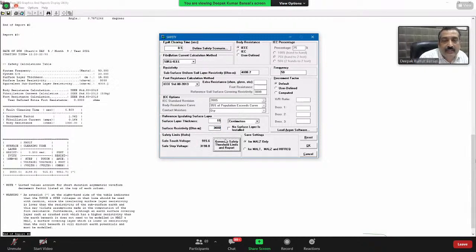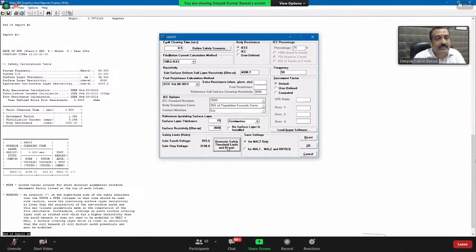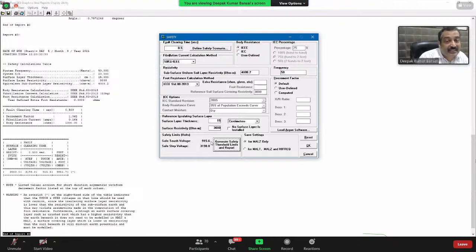If we calculate, I press the button and the software has calculated the safe touch voltage limit, that is 915 volts, and the safe step voltage limit is 3198 volts. These calculations are all done by the software based on the parameters provided by us.